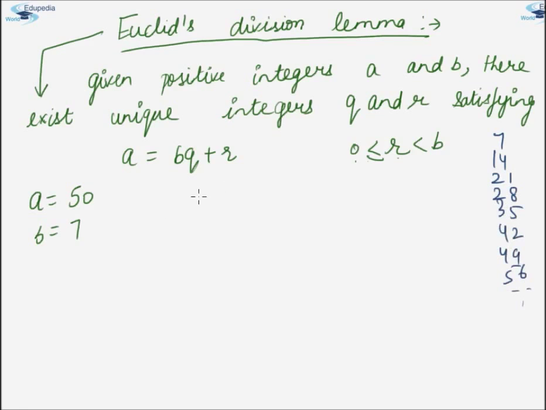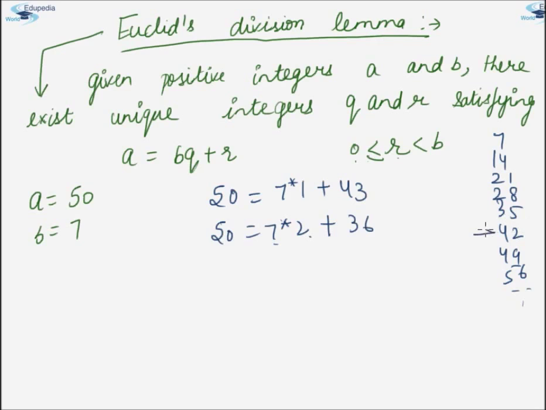So, with the help of these multiples, 50 can be expressed in a number of ways. That is, 50 can be written as 7 into 1 plus 43. It can also be written as 7 into 2, because 7 into 2 will be 14, plus 36.